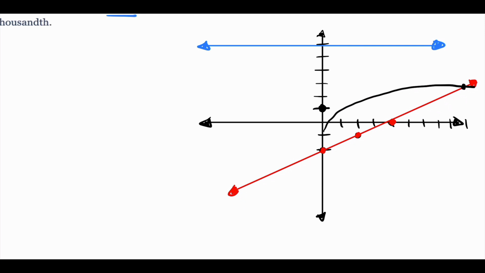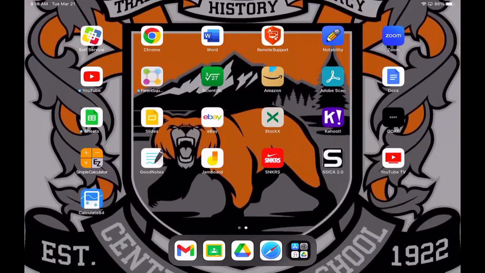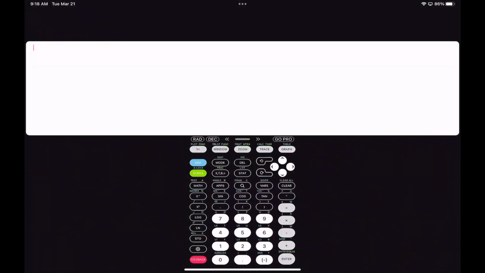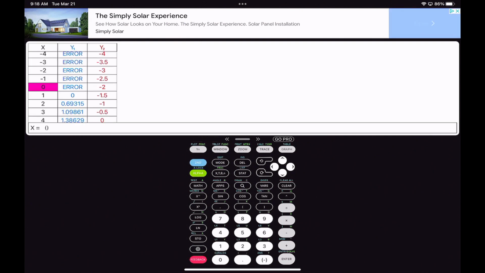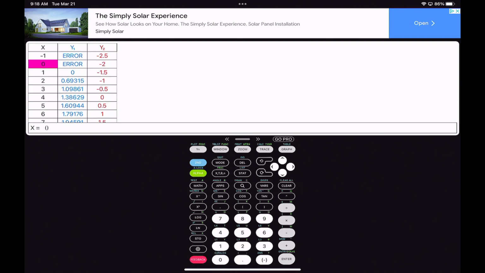Natural log doesn't go negative on the negative x's because it doesn't exist, right? So if you go to your table, it'll say error, error, error, error for everything that's negative, because there's no way you can make a negative number using powers.